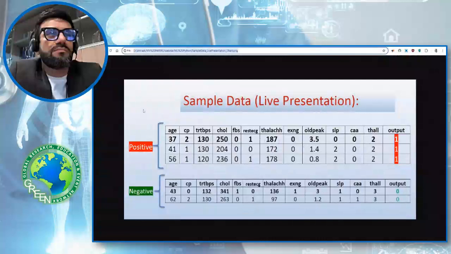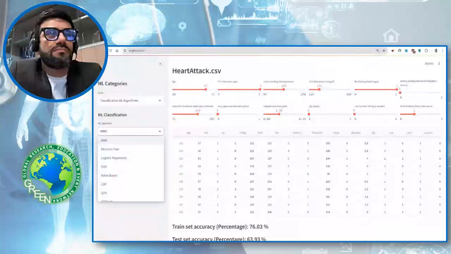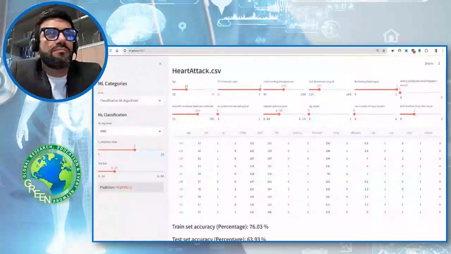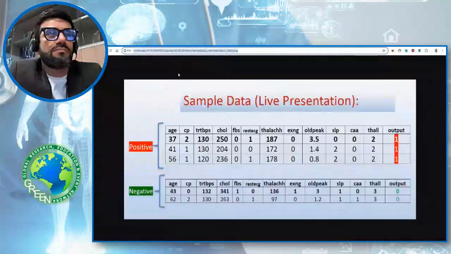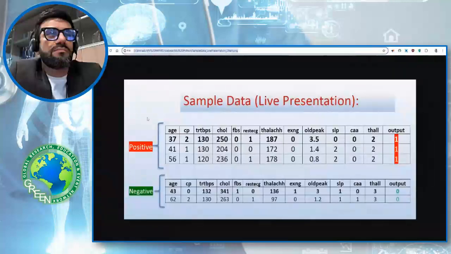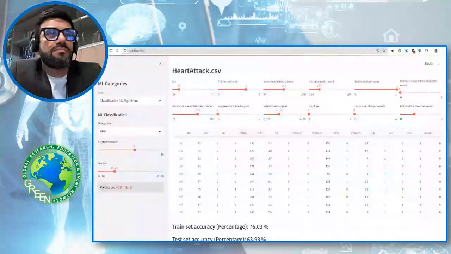So I'm going to use this algorithm. First of all, I chose the KNN algorithm. I give the age around 37. The CP comes to around 2. The TRTBPS is around 130.